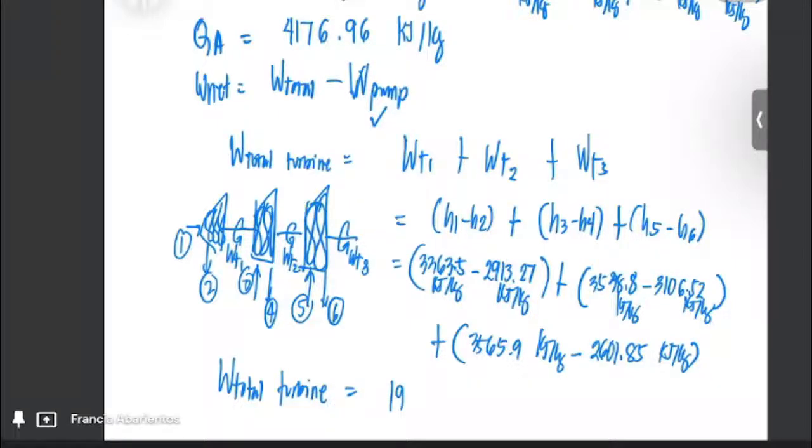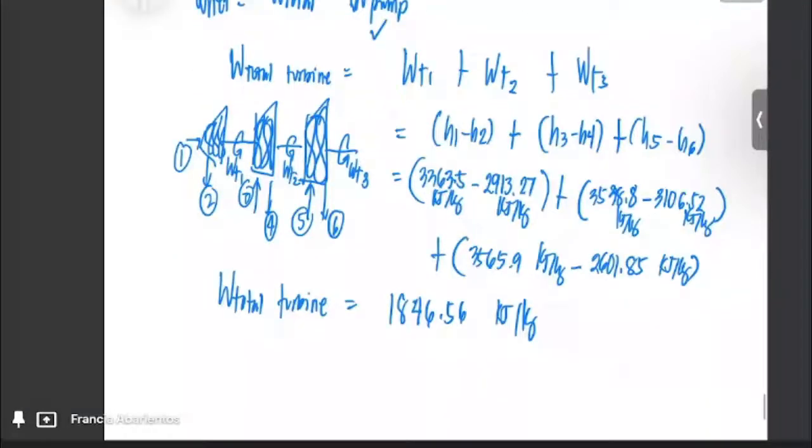Yung iba, ma'am, gutom na ako. Parehas tayo, class. Pero, kailangan nyo pa rin, kasi reheat pa lang tayo. Hindi pa tayo nakakamot sa reheat regenerative. Bakit? Ayan. Nakuha ko na. 1846.56 kilojoule per kilogram.